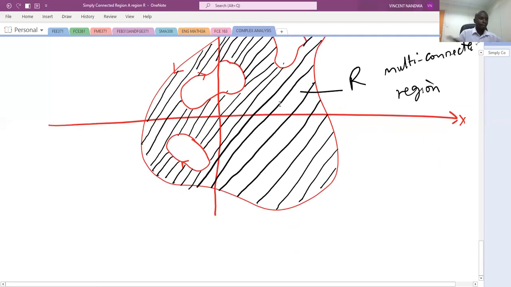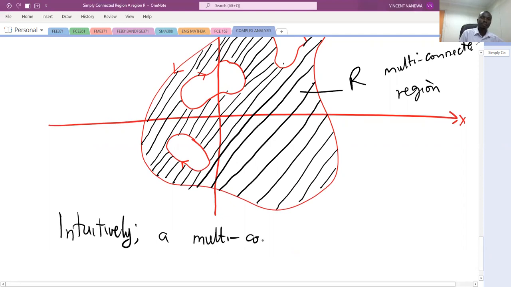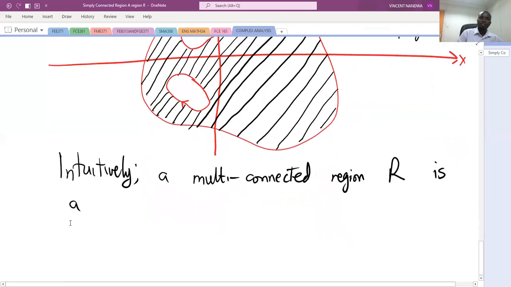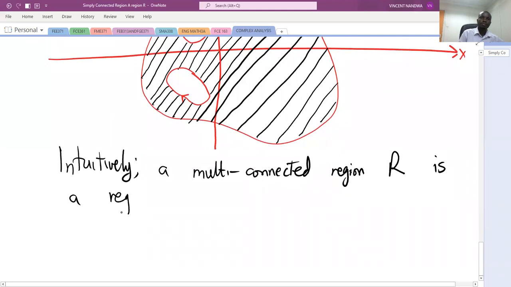So intuitively, a multi-connected region is a region with one or more holes. A multi-connected region R is a region with one or more holes.